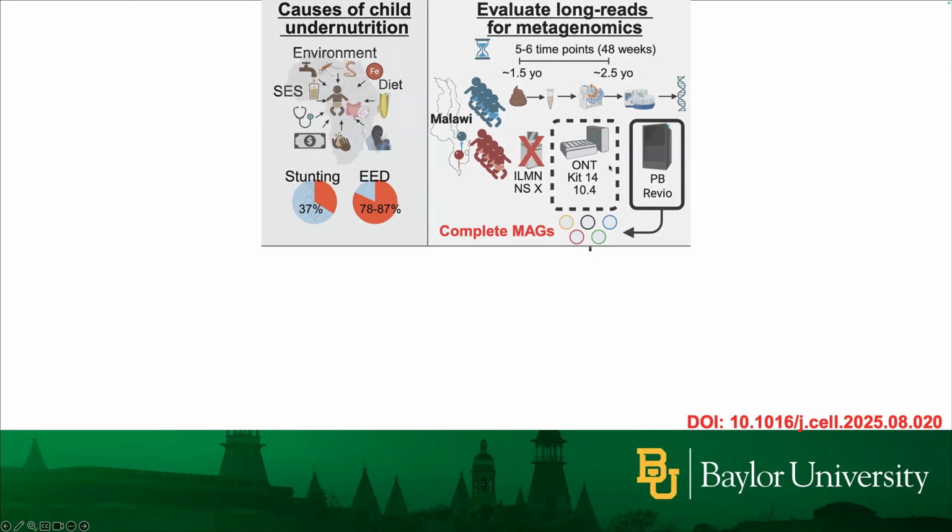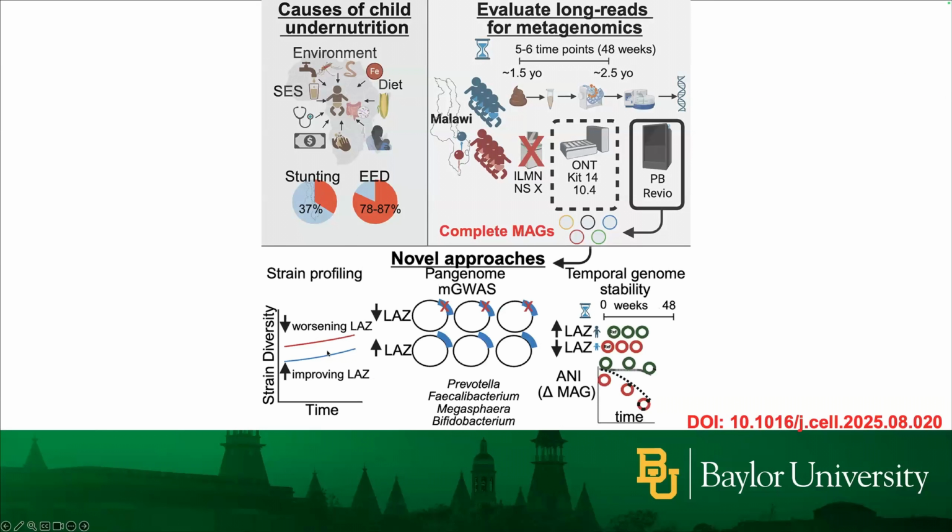We show that long reads are superior, with PacBio being the most efficient way to generate complete MAGs. We then apply this approach to our long read data set and specifically show how across time, strain diversity, stability, and overall diversity were associated with linear growth status.